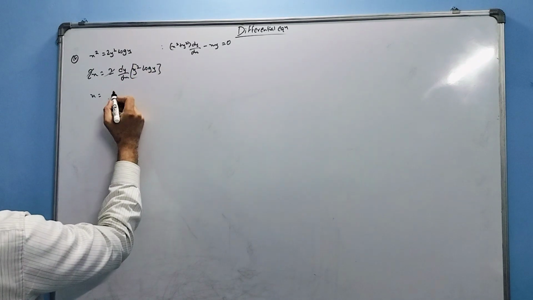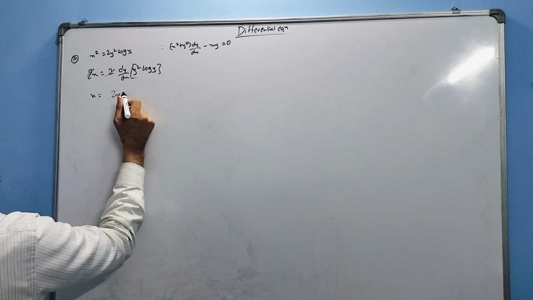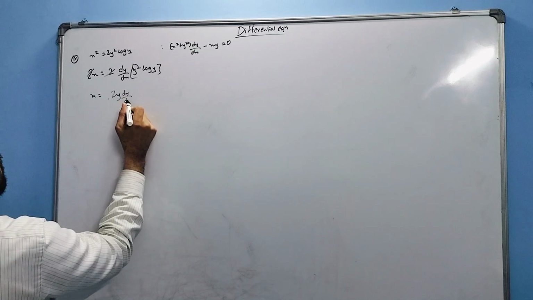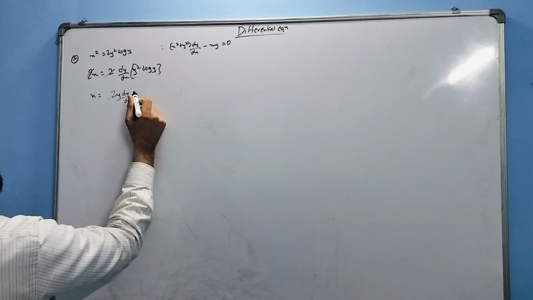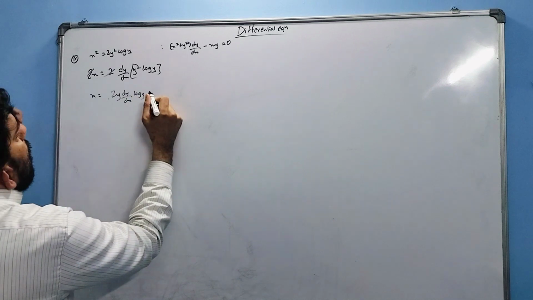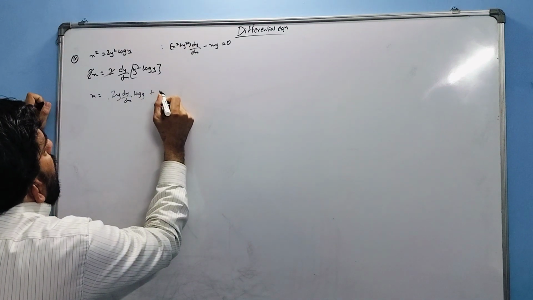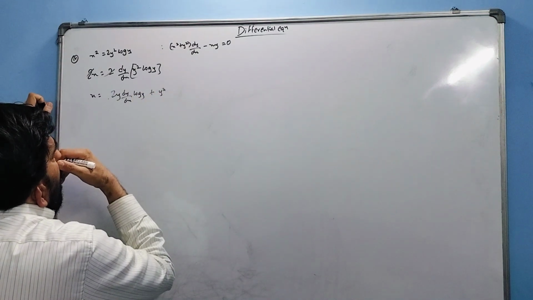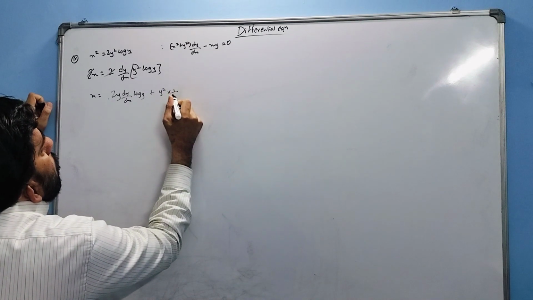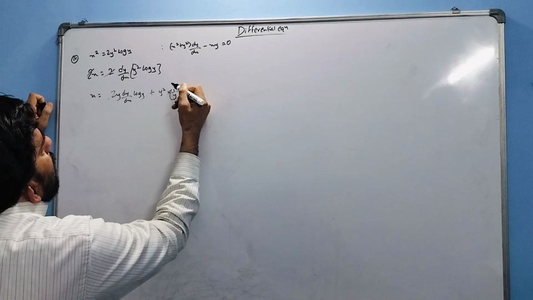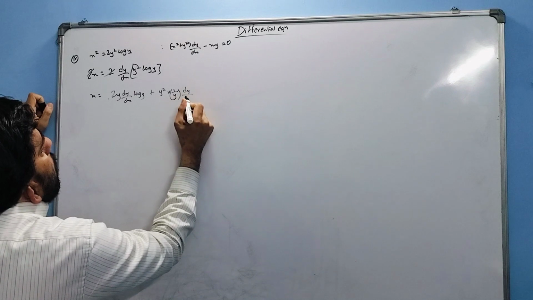That gives 2y dy upon dx log y plus y square into 1 upon y dy upon dx.